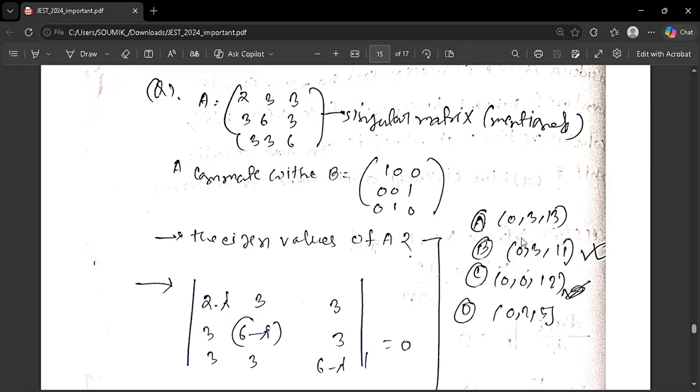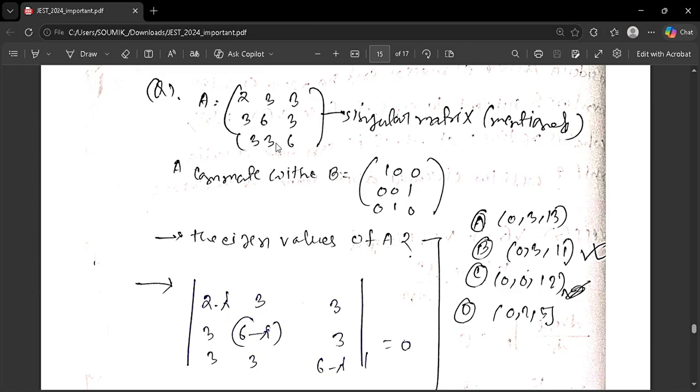We know that the sum of eigenvalues is the trace of the matrix, and the determinant is the product of eigenvalues. Without any calculation, option B gives 14, and the trace of this matrix is 6 plus 6 plus 2, which is 14.